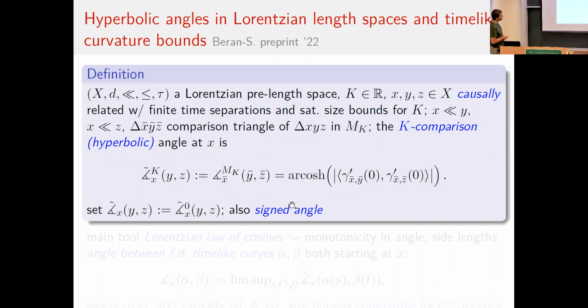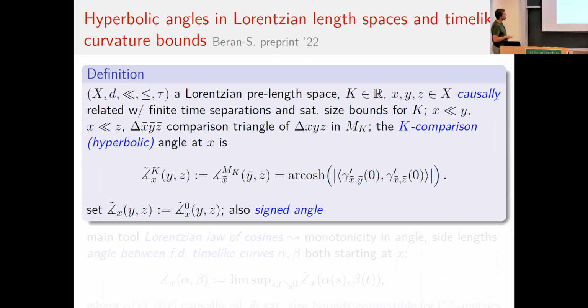And also it proved useful to define a signed angle, because of course now there is always the problem that you keep track of the causal relation. So you have triangles, you have the angles, so you need to keep track where the angle is and what is the orientation of the edges where you consider the angle.